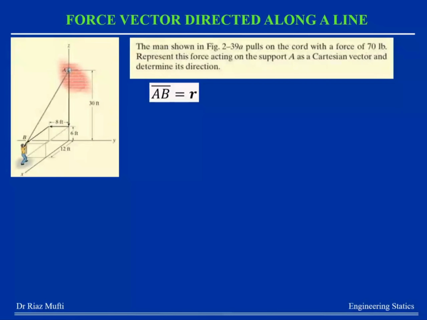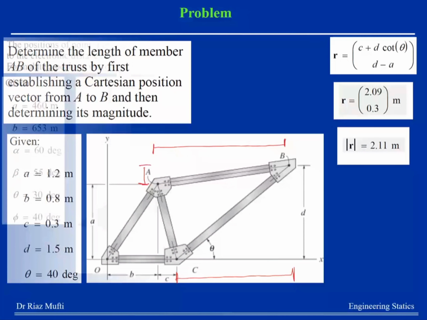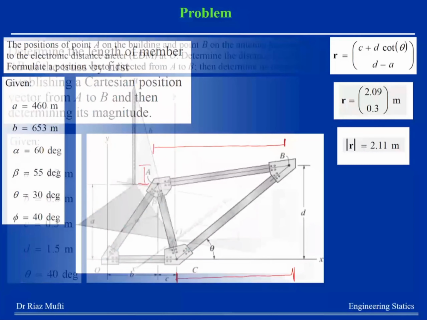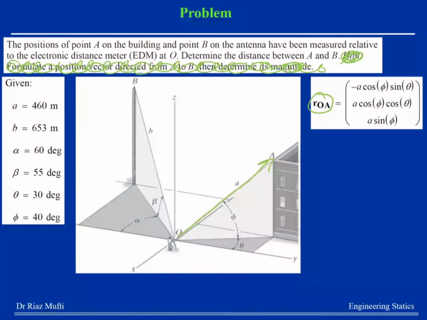Okay, so you can clearly know what is OA. Look, this is OA, ROA. It's not AO, it's ROA. Doesn't matter, I can do AO also.